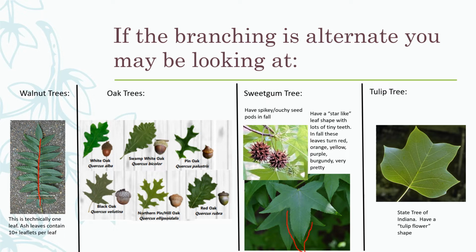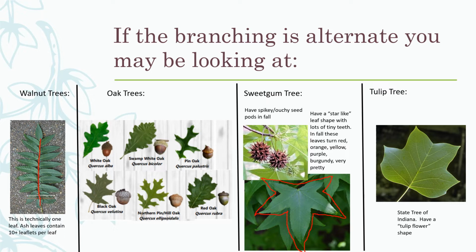Very pretty star-like shape with very tiny teeth on the margins of the leaf, and in the fall they have the most beautiful coloration. That's the only saving grace for this tree. They turn purple, they turn yellow, orange, red, burgundy. They have just the coolest rainbow coloration ever, but they've got those nasty ouchy seeds.